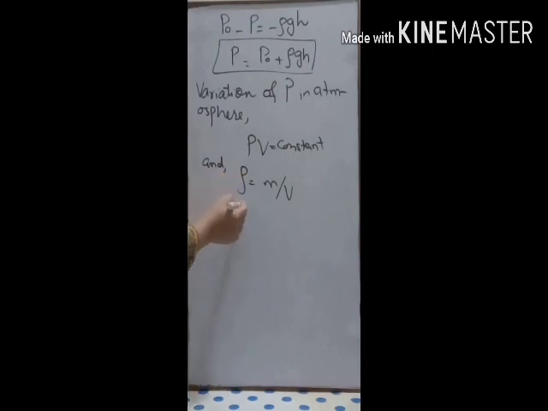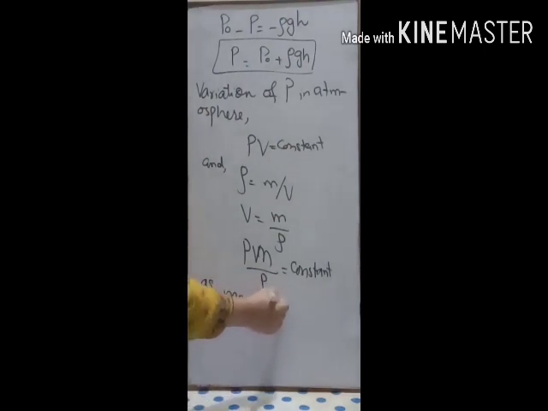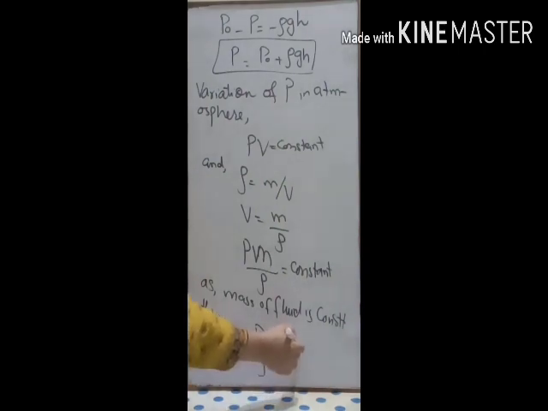Then using this equation above, P m over rho is equal to constant. As the mass of fluid is constant, then P over rho is also constant.